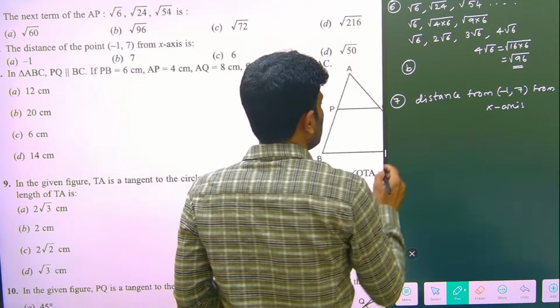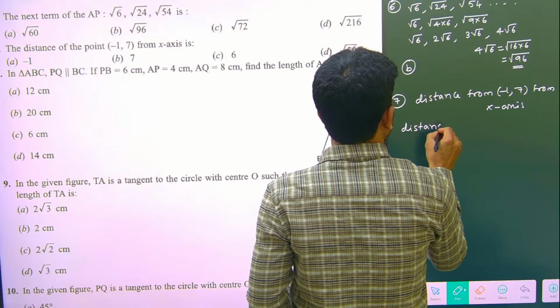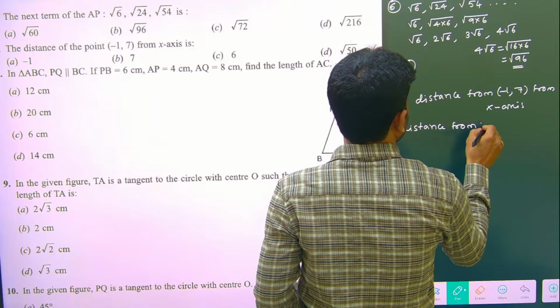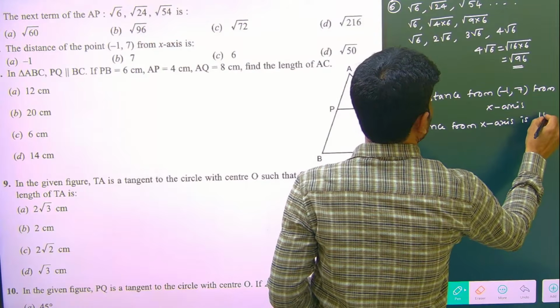Distance from x-axis is the y coordinate. Remember, distance from x-axis is modulus of y.